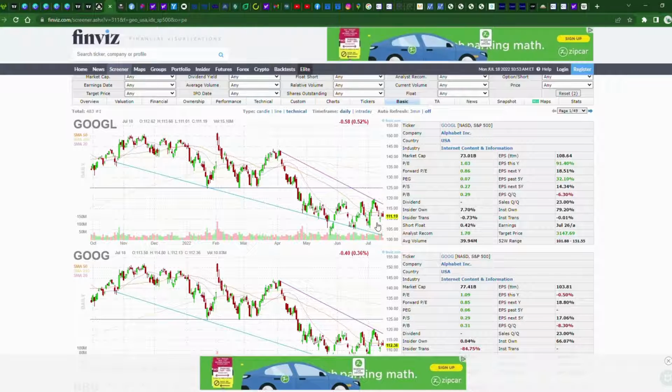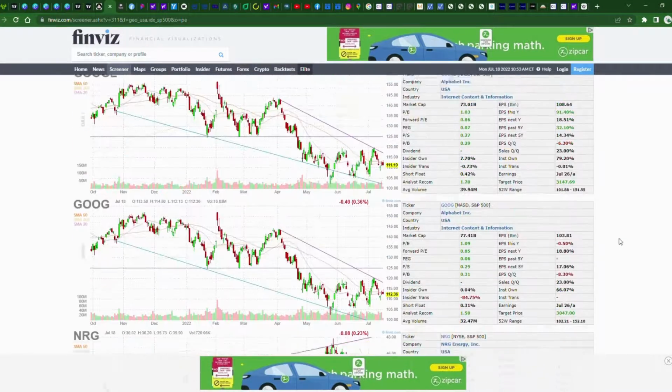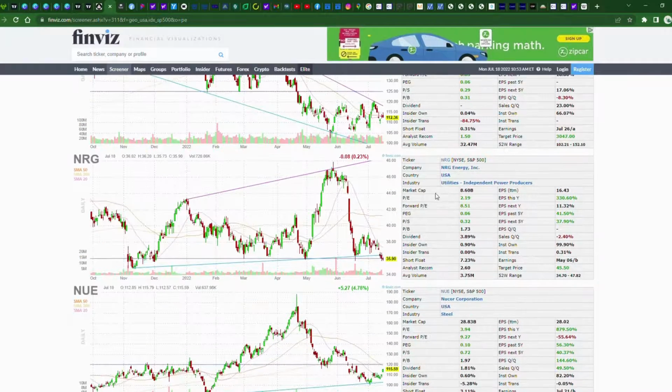I can see the graph and I can see the numbers. Usually I'm looking at the EPS and the EPS next 5 years, basically projecting the growth of the earnings per share. And then once I have this information, I plug it into the spreadsheet.